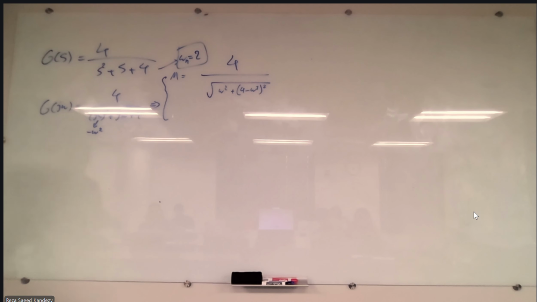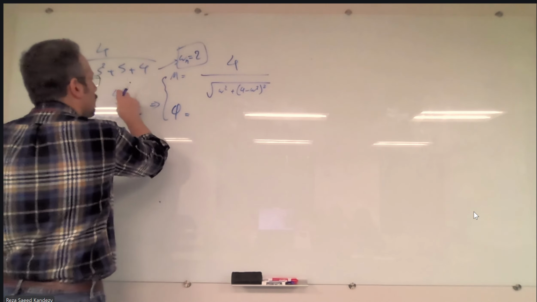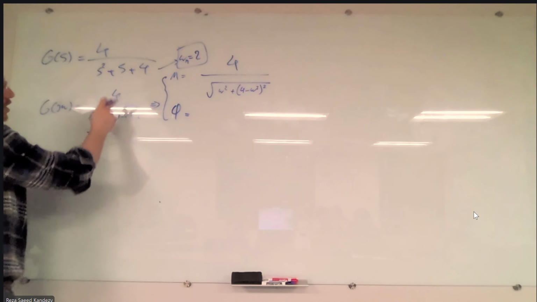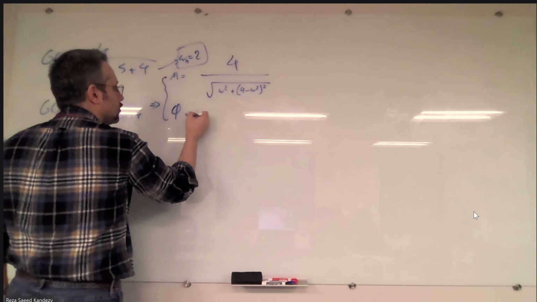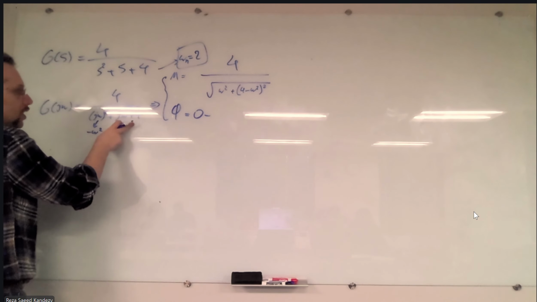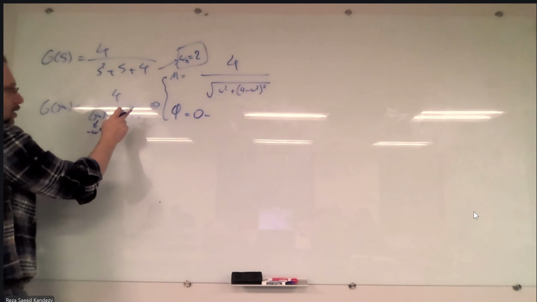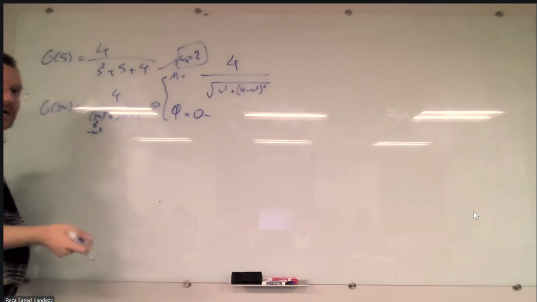Now, the phase function for this transfer function is going to be the phase of the numerator, which is a constant number, so it's 0, minus the phase of the denominator, which is 4 minus omega squared plus j omega.